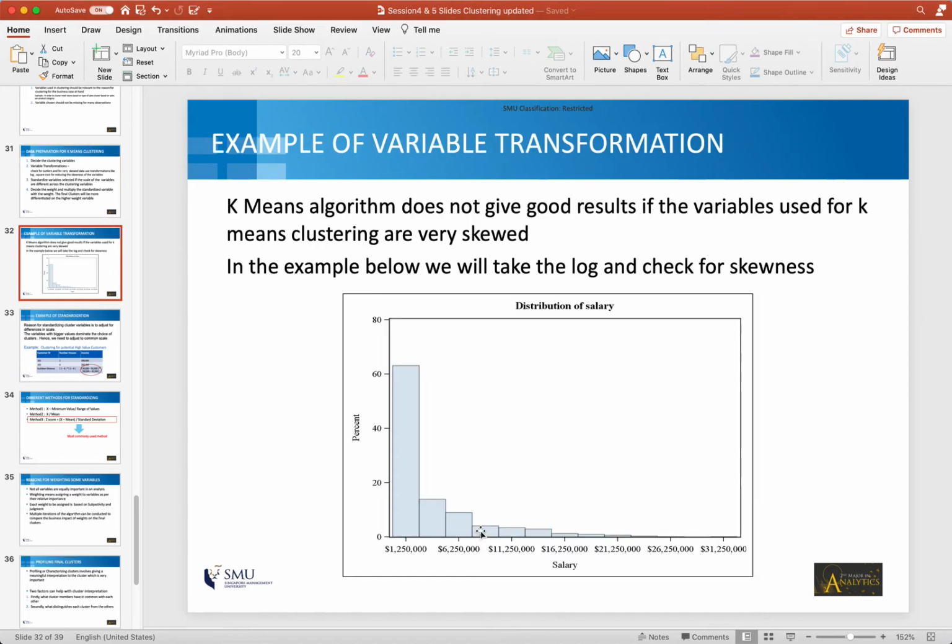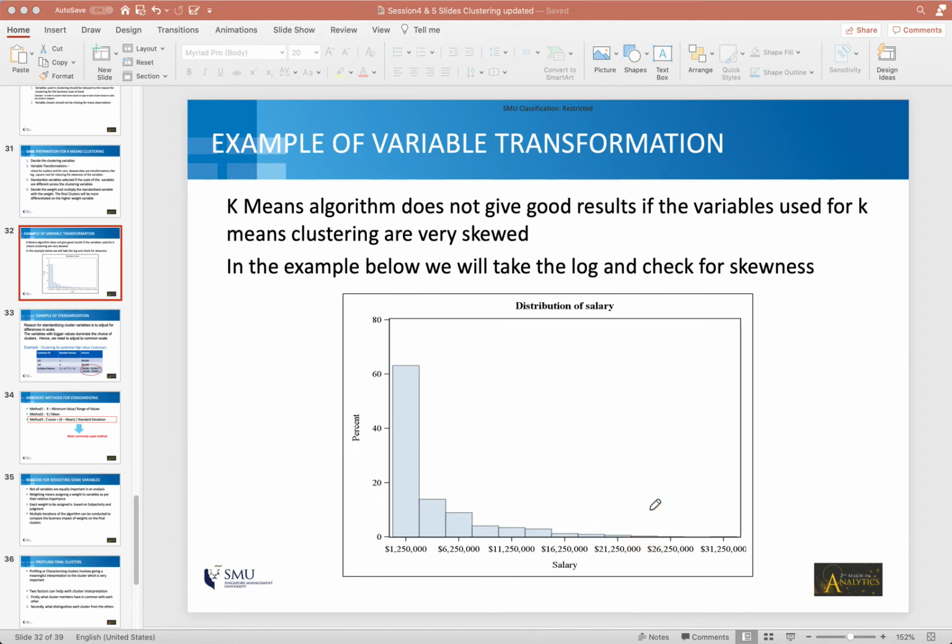So let's see an example of a situation where you will need data transformation, and how would that help. So look at this particular data set, and this data set shows you the distribution of salaries in a particular organization. And as you can see, by looking at the skewness here, by looking at the distribution, that this data is positively skewed.